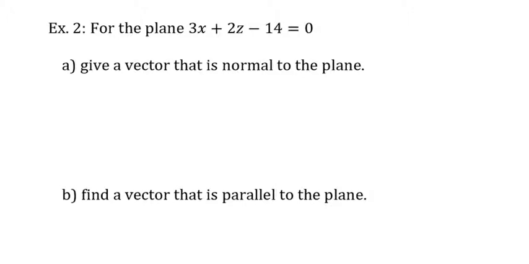So what is our normal then? 3, 0, 2. So again, it's in scalar form, so it's just the coefficients, but we don't have a y term, so it's 0.